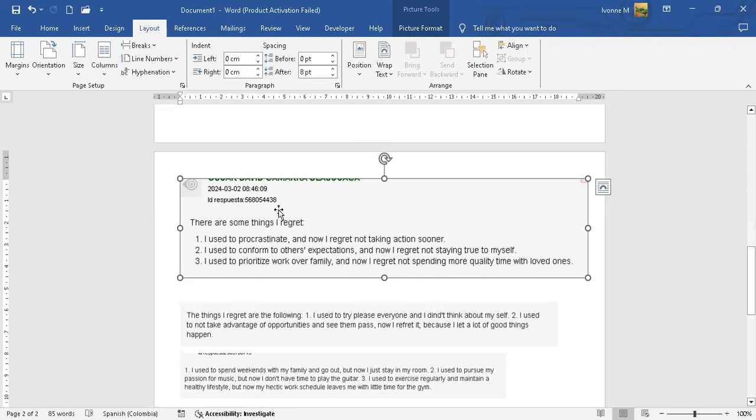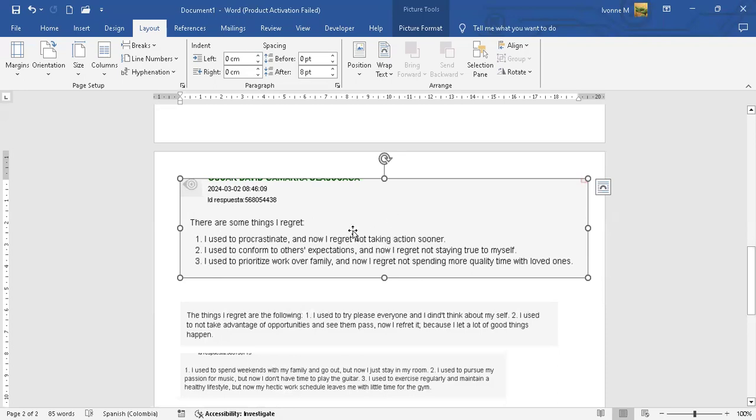There are some things I regret. I used to procrastinate and now I regret not taking action sooner. So in this case, this is a boy, and he's explained the regrets.